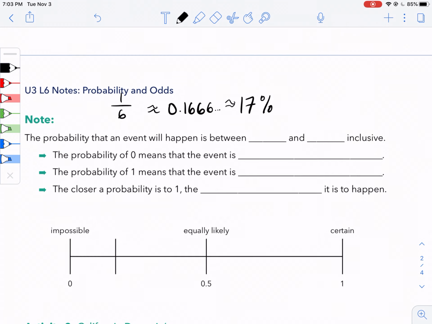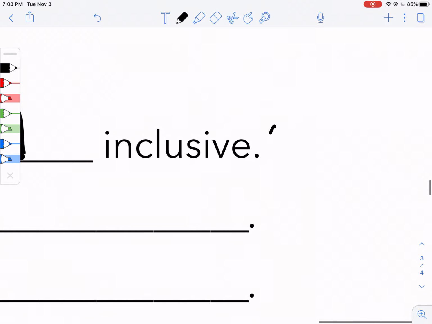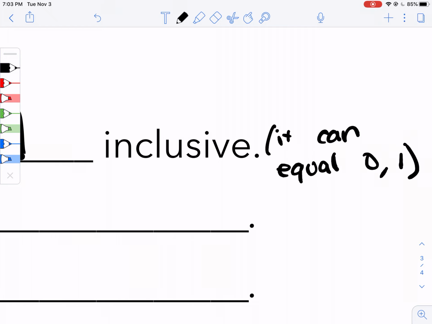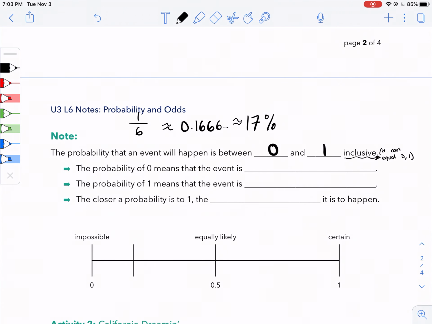So the probability that an event can happen will always be between 0 and 1. Inclusive means it can equal 0, it can equal 1. It includes 0 and 1. If you have a probability of 0, that means the event is impossible.